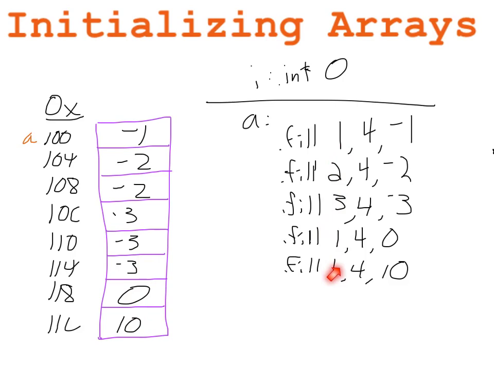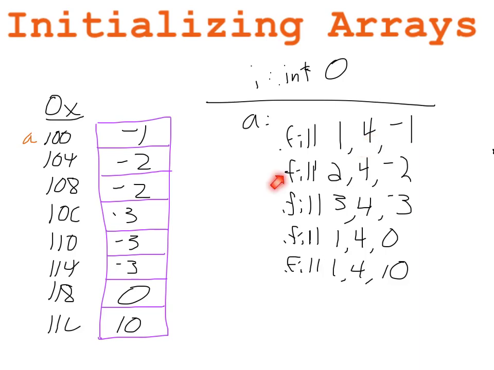Now, one thing to notice is that every subsequent .fill picks up where the first one left off. So this very first .fill, because there's nothing but the label A before it, is going to start at the label A, and the label A is address 100. So at address 100, it's going to put its value in a total of 4 bytes.